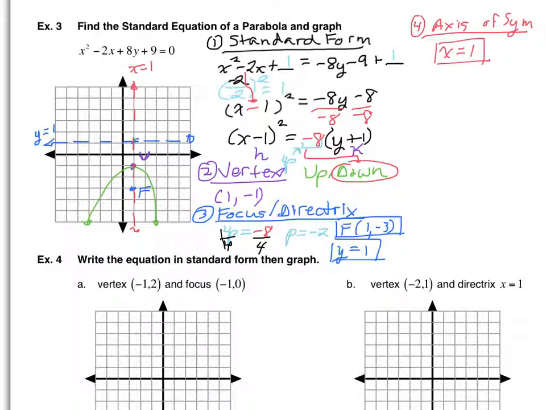What else do they want? Focal width. So our focal width is based upon 4p, but this time it's the absolute value of 4p, which is equal to the absolute value of -8, which is +8.